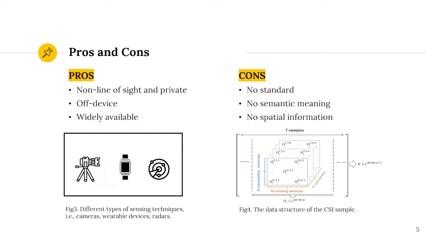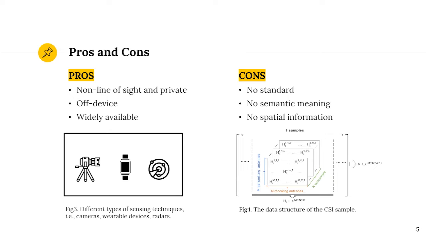Now, I will talk about the pros and cons of Wi-Fi-based sensing. In fact, there are methods that enable human sensing relying on cameras, wearable devices, and radars. However, these methods may incur extra equipment costs or raise privacy issues.